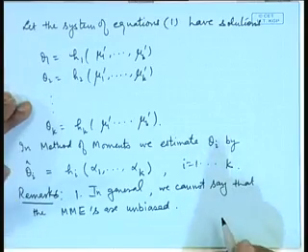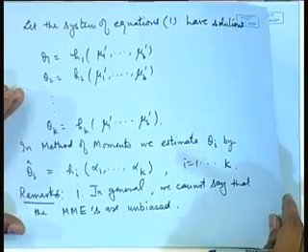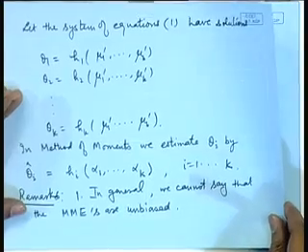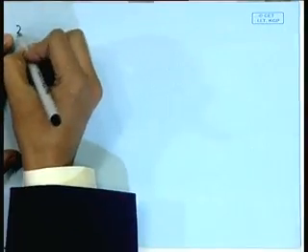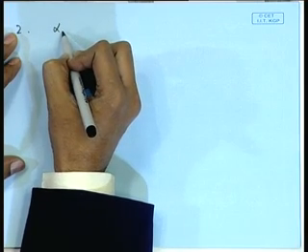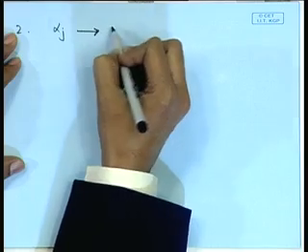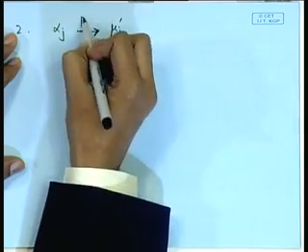So, sometimes they may be unbiased, sometimes they may not be unbiased. However, consistency may be true. In particular, we have say alpha j, this is consistent for mu j prime.